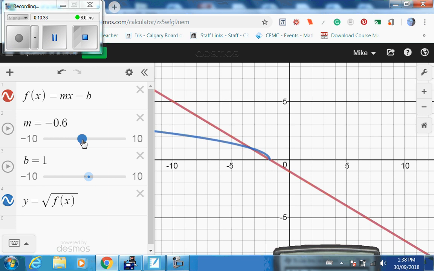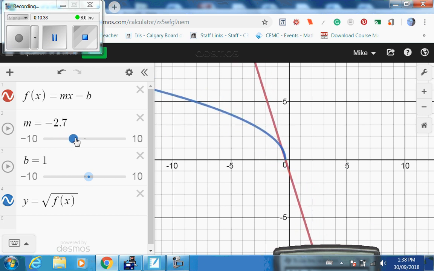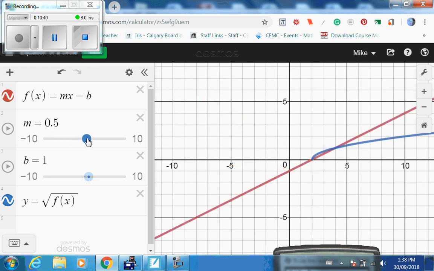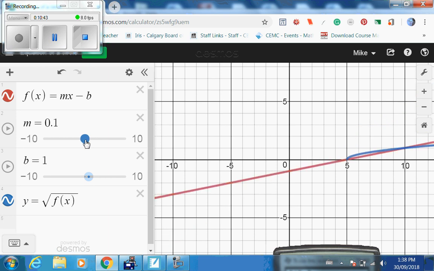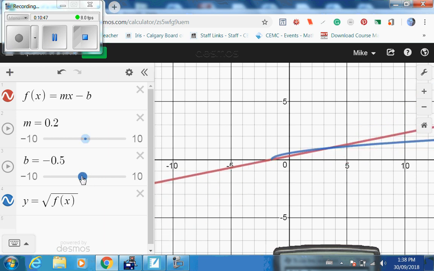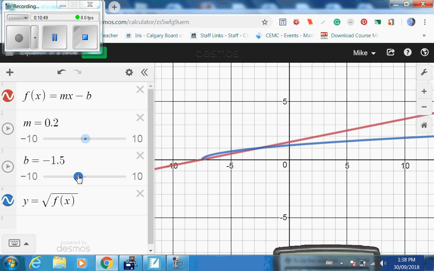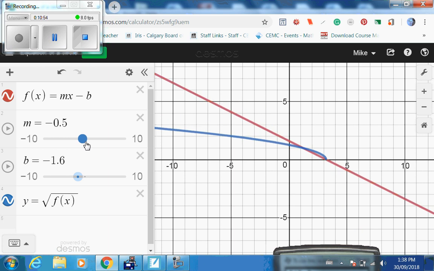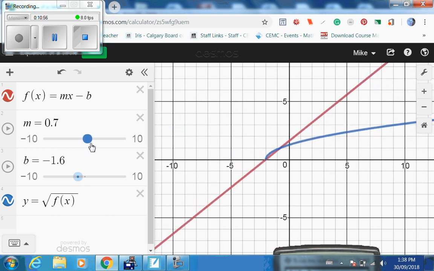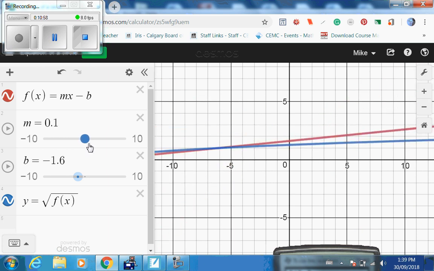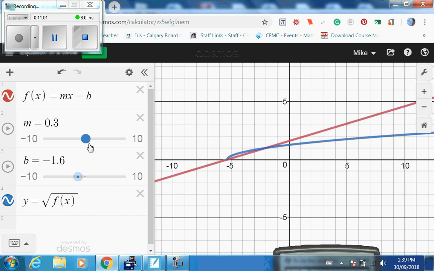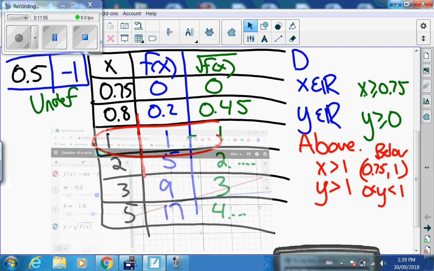Again, regardless of what the x values are, but always above the y values from 0 to 1. And it's below for every value after that. And again, that's going to be true no matter where I put this thing. Does that make sense? So you can see that that's where those lines will always pivot together. All right, so that's what we wanted to see there.